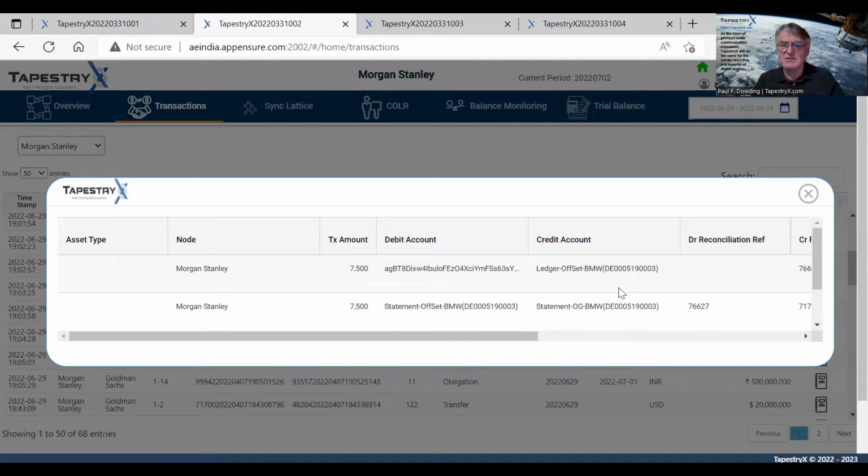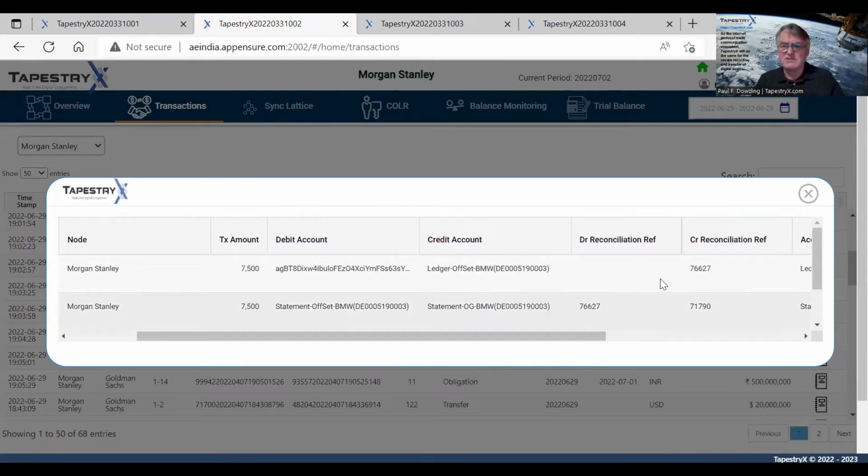And then there's a statement account and an offset. So it shows you that the statement, this is an outgoing transaction from the node. So the statement records all the activity across a node, and the ledger records the activity versus the ledgers. And then we actually show, when we process the journals, we actually reconcile them and link the transactions.